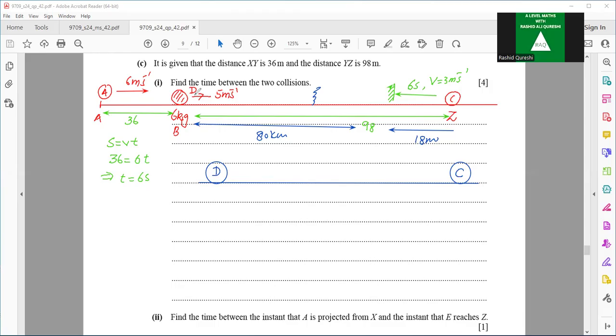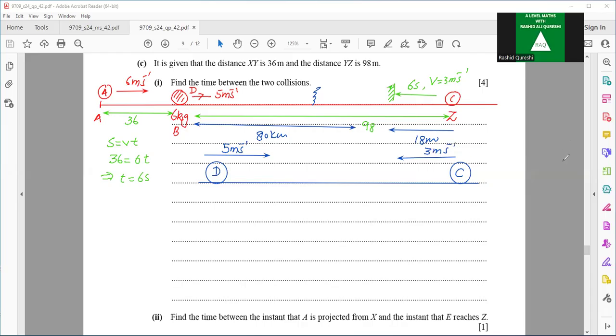D is moving with 5 meters per second after the collision. So that particle is moving in this direction with velocity 5 meters per second, and that particle is moving in this direction with velocity 3 meters per second.